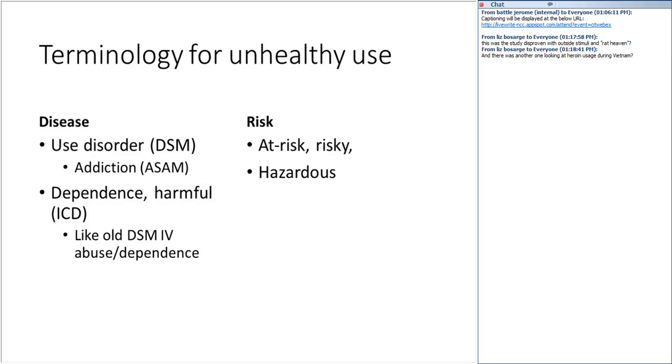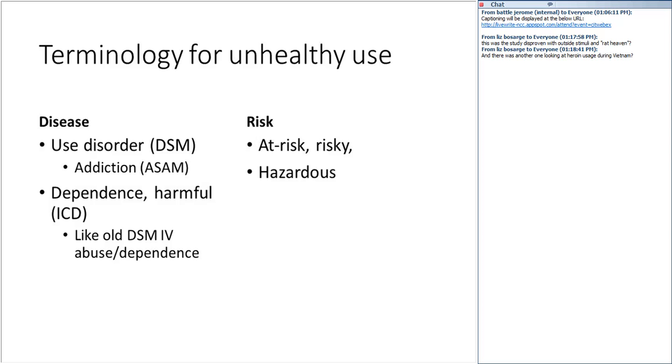The reason that I'm hedging a little bit, and it may sound like I'm hedging, is because there aren't criteria specified to make the diagnosis of addiction. So there's a wonderful description. You can go to the ASAM website at asam.org, and you can see what the definition of addiction is. It's been published. But it's a little bit more difficult to apply clinically because there aren't operational criteria, which there are for the DSM.